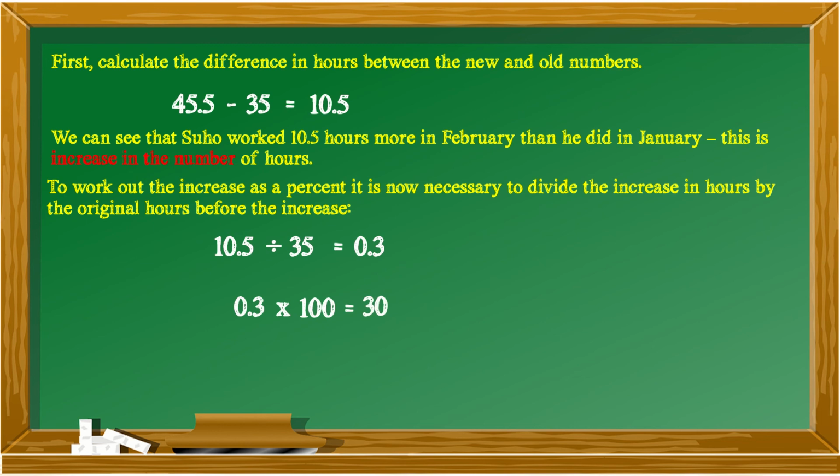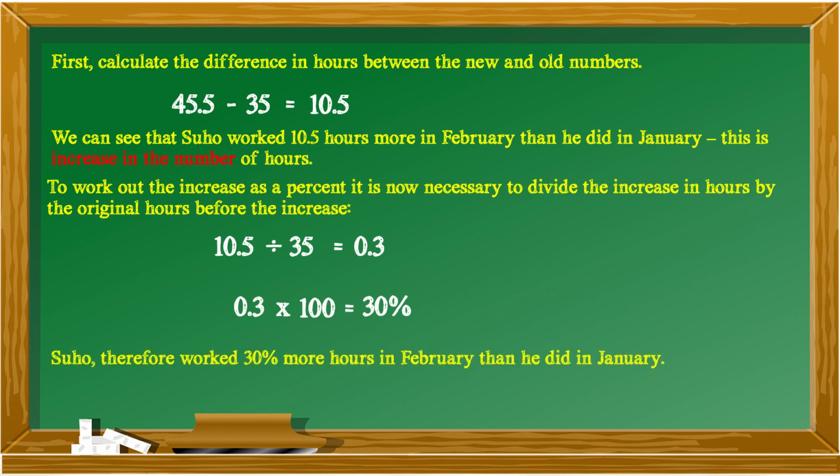And since we are talking about percent or rate, we must put a percent sign. So, the increase in rate or percent is 30%. Suho, therefore, worked 30% more hours in February than he did in January. That is the percent of increase.